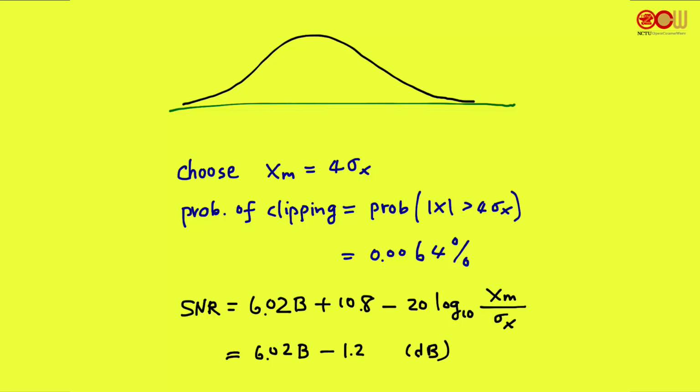Let's read this equation and try to understand what it means. It has a 6.02b right here. This is how SNR depends on b.